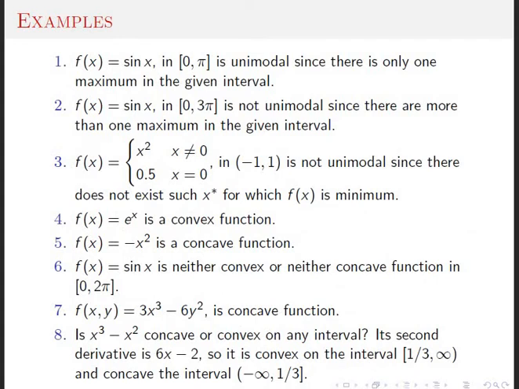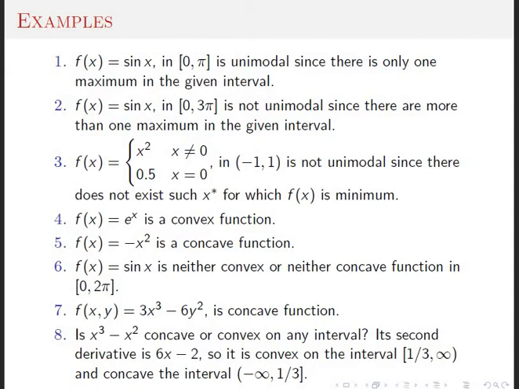Here are a few examples of unimodality, convex and concave. Sin x is a unimodal function in the domain 0 to 2pi. It is also a concave function there, but it is not unimodal if we consider the domain 0 to 3pi, since there is more than one mode.